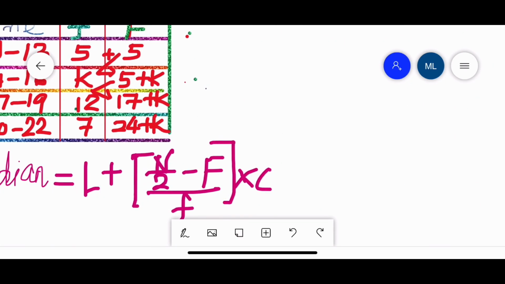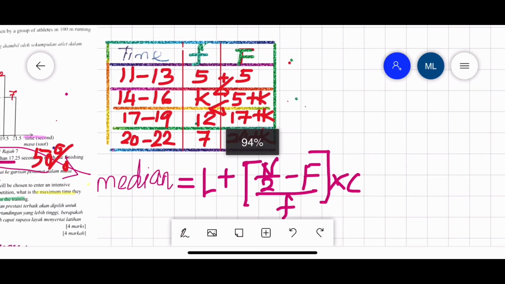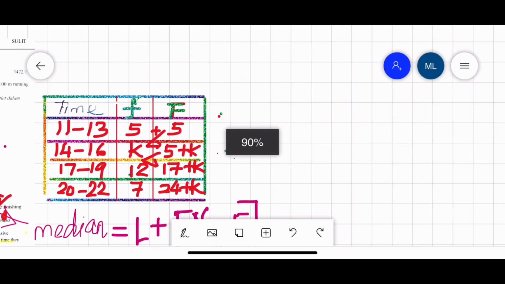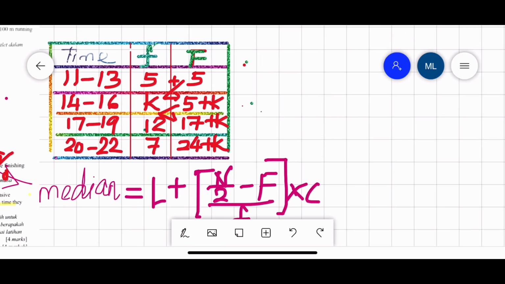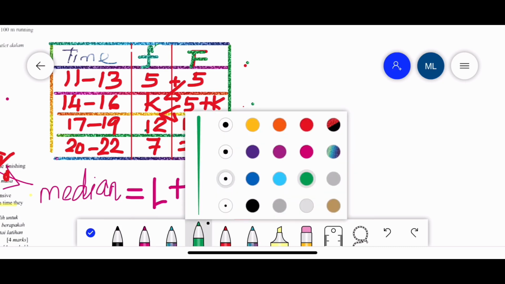Your given median is 17.25. So you go to the class interval and find the class interval that has the data with 17.25 in between them. Which class interval is having 17.25?